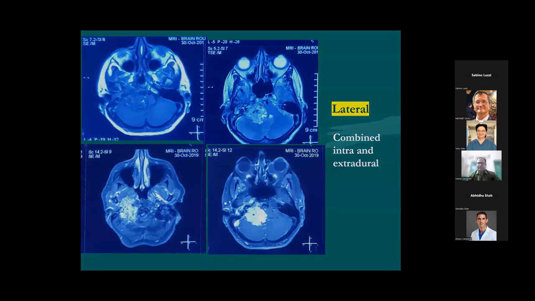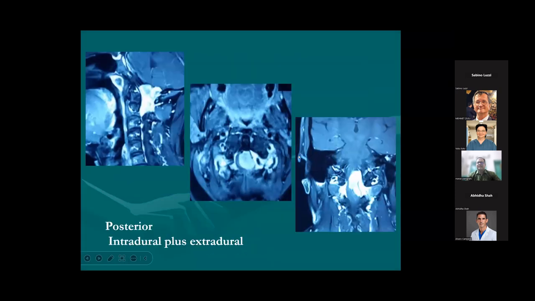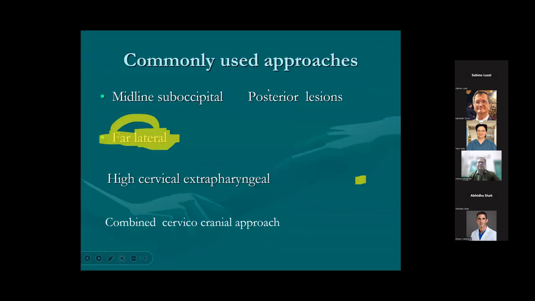So if it is posteriorly located, one does a posterior approach, and if it's a combination of intradural and extradural, one can do a posterior approach, do intradural dissection of the tumor and remove the tumor. So midline suboccipital is done for posterior lesion, whereas for combined intra and extradural, one has to do a far lateral approach. For anterior intradural it is a far lateral. For anterior extradural, it's a high cervical extrapharyngeal.